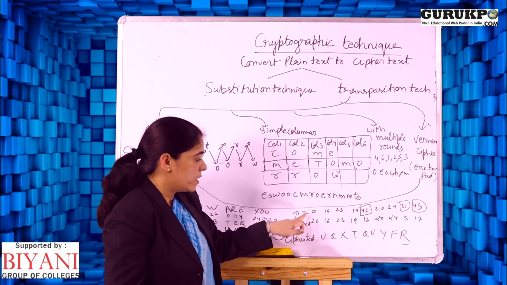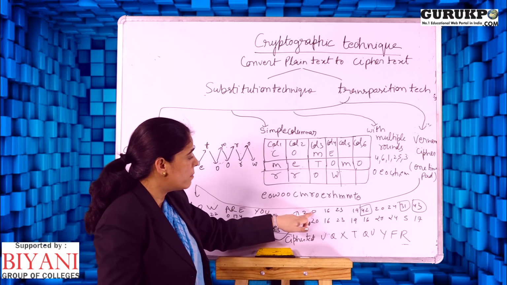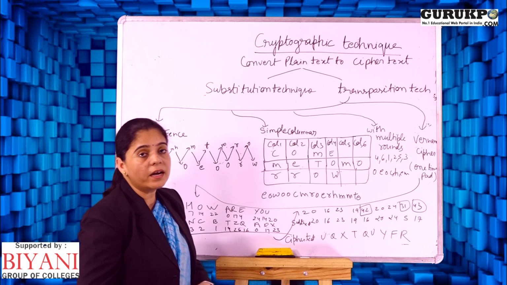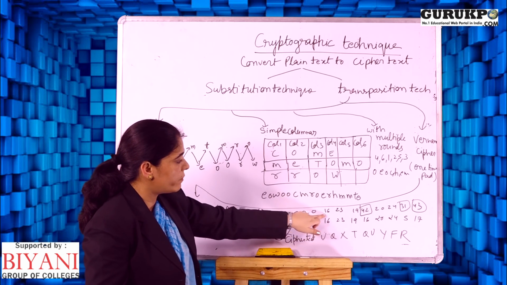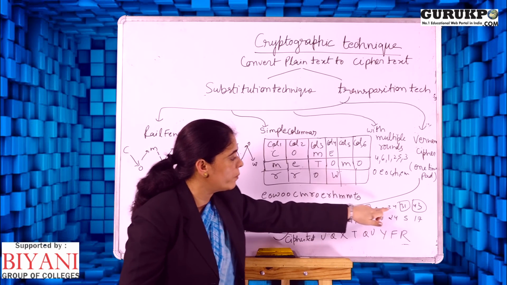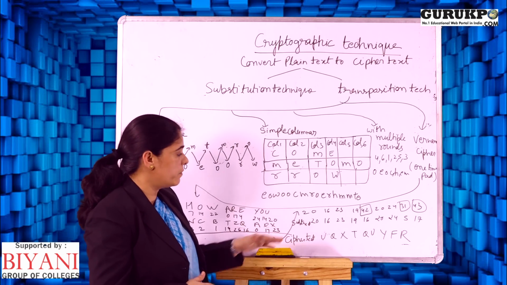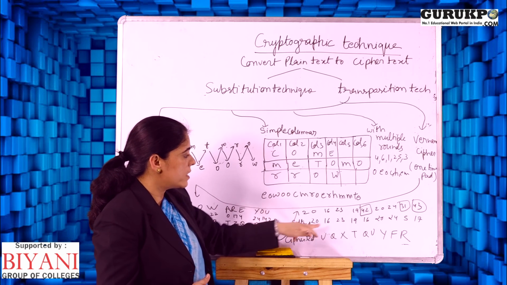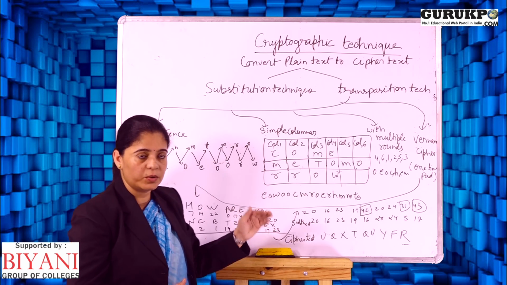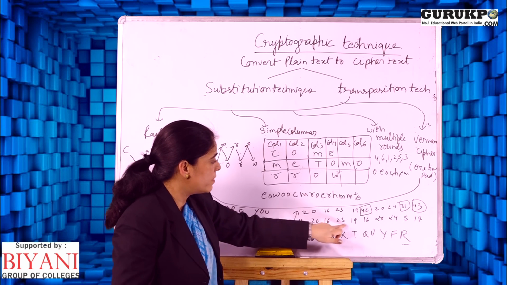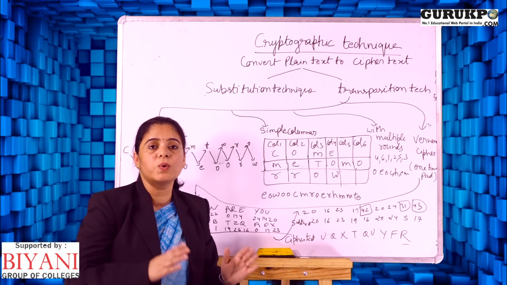Next we look for numbers greater than 26. Here we find three numbers, 42, 31 and 43. In the next step we subtract 26 from these numbers, so that we get numbers in the range 0 to 25.